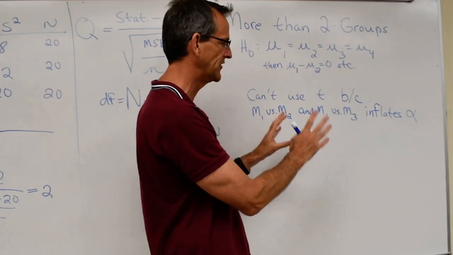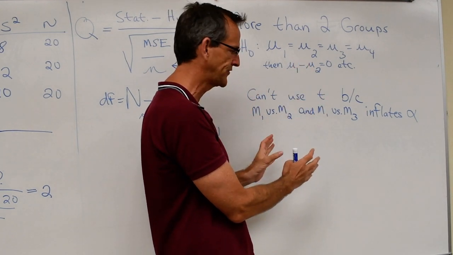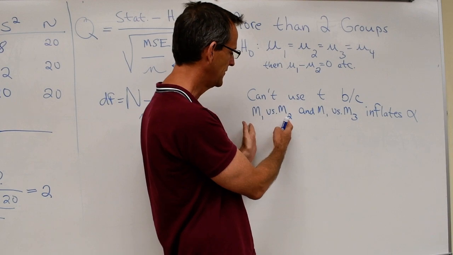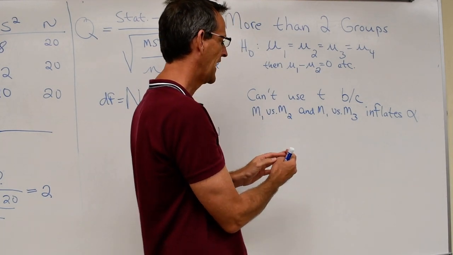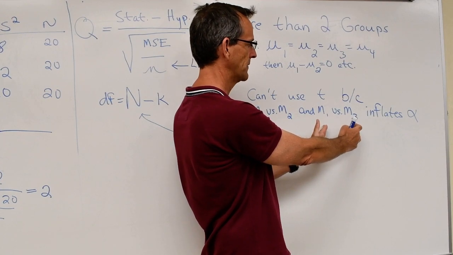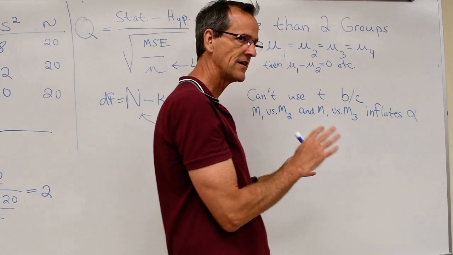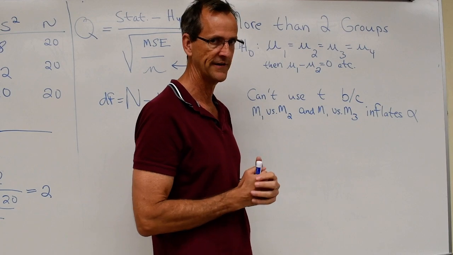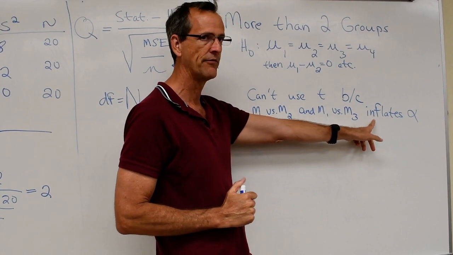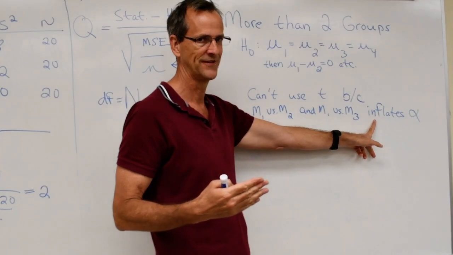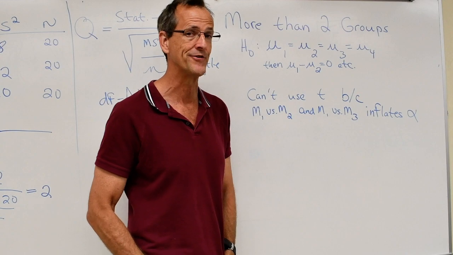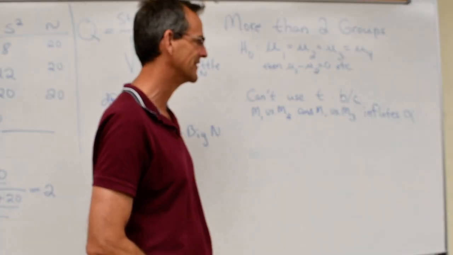So if we generated a t-statistic using this comparison, and then we also generated a t-statistic using this comparison, you can't use those probabilities that you would find because alpha has been increased. So you can't just use those probabilities directly. I'll show you what you can do with those probabilities in a minute.